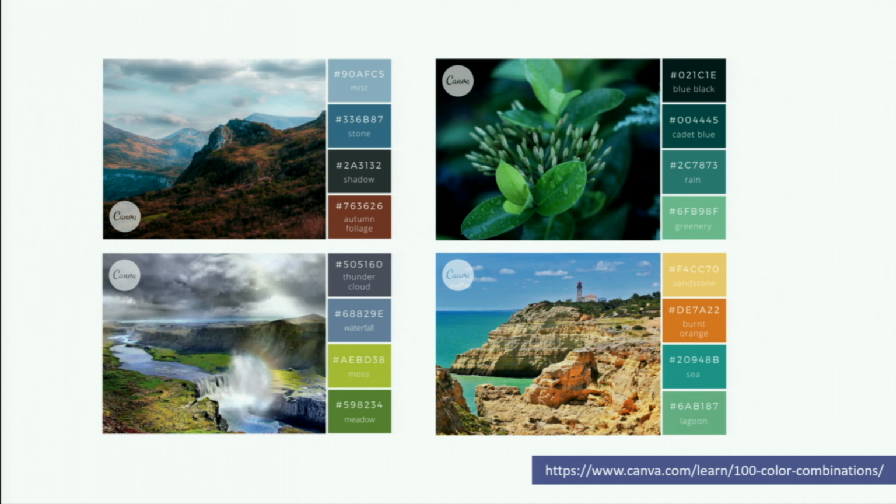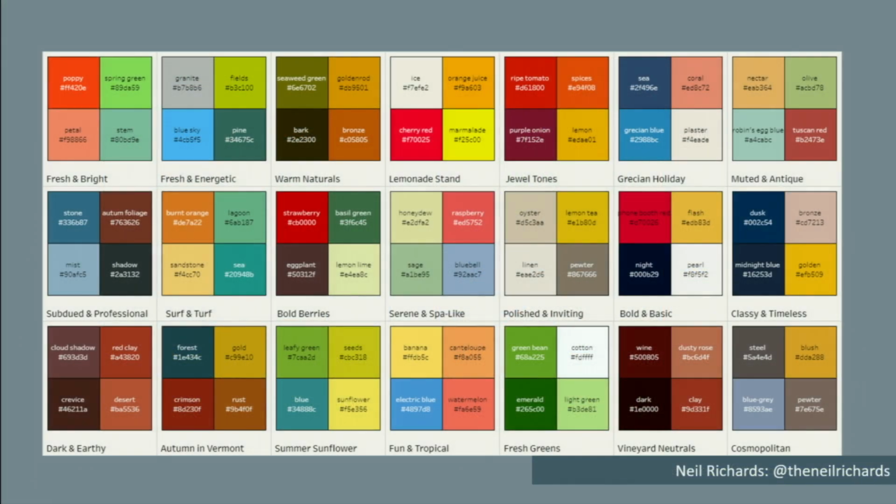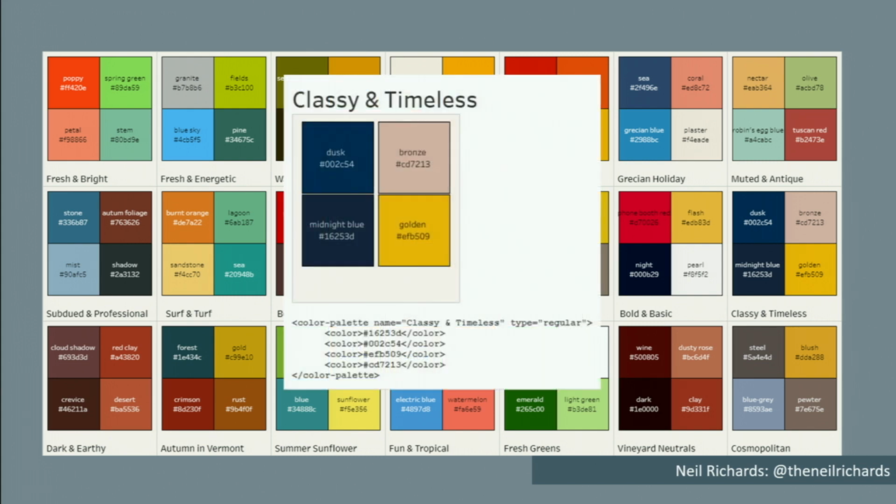What could be even better would be probably the one done by Neil. He posted this on Tableau Public. He basically created multiple sets of color palettes, and if you select any of the ones that you like, you'll be able to access exactly what you need to copy and paste into your preference file.